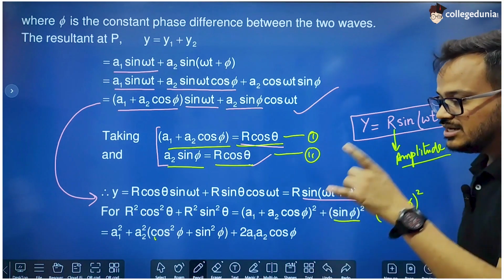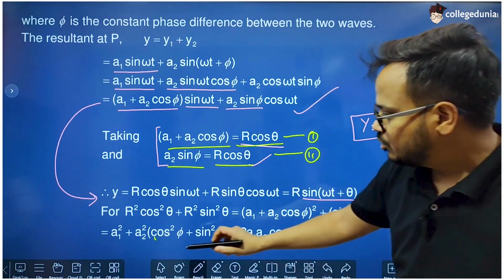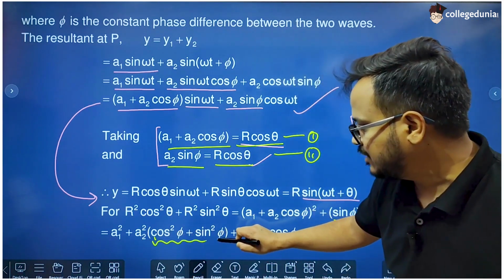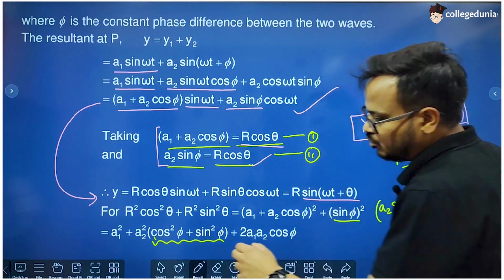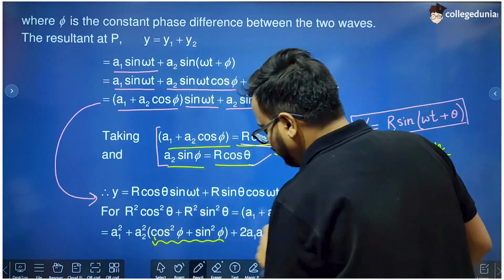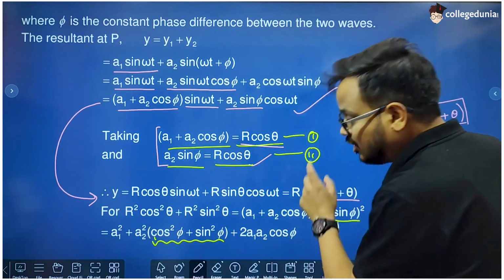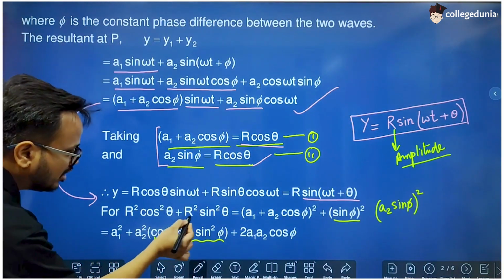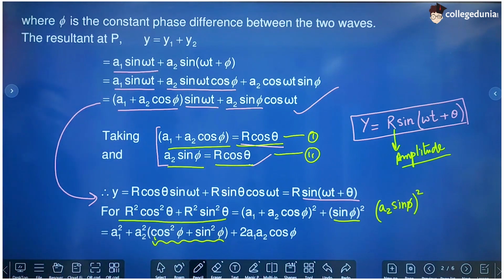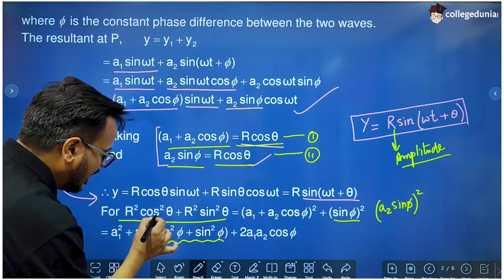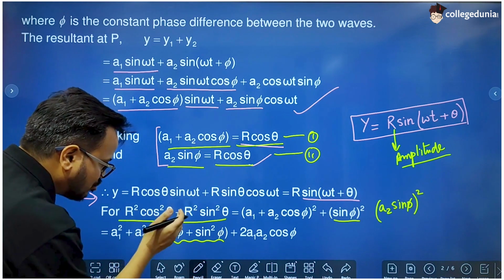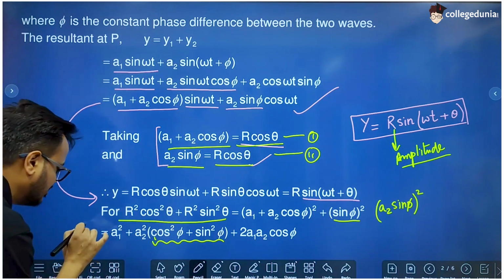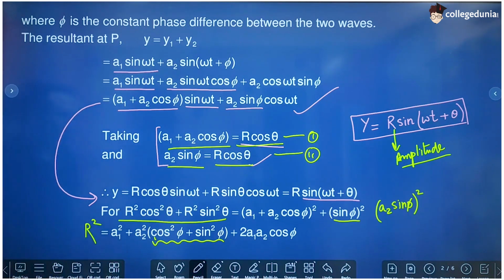So a2 was common in sin square phi and cos square phi. We took a2 common, and sin square phi plus cos square phi is nothing but 1. So we are left with a1 square plus a2 square plus 2a1 a2 cos phi. This was the value of what? Take r square common on the left hand side, and what is left in the bracket is cos square theta plus sin square theta, which is 1. So this is the value of r square.